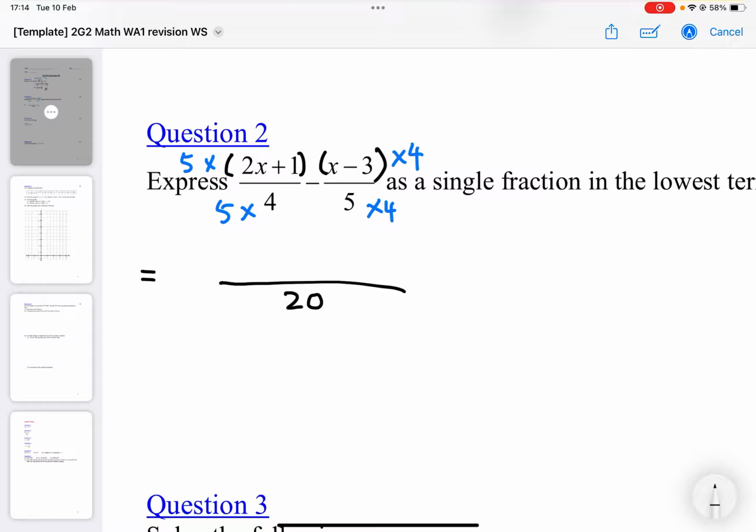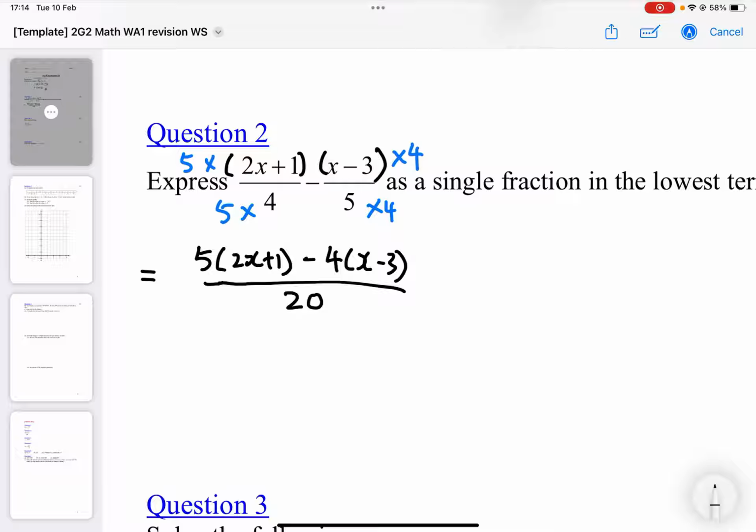Then numerator, multiply 5 for the left one, 5 multiply the numerator. Okay, minus, so still minus. Then right hand side, 4 multiply numerator. Okay, don't expand, don't expand, don't expand.